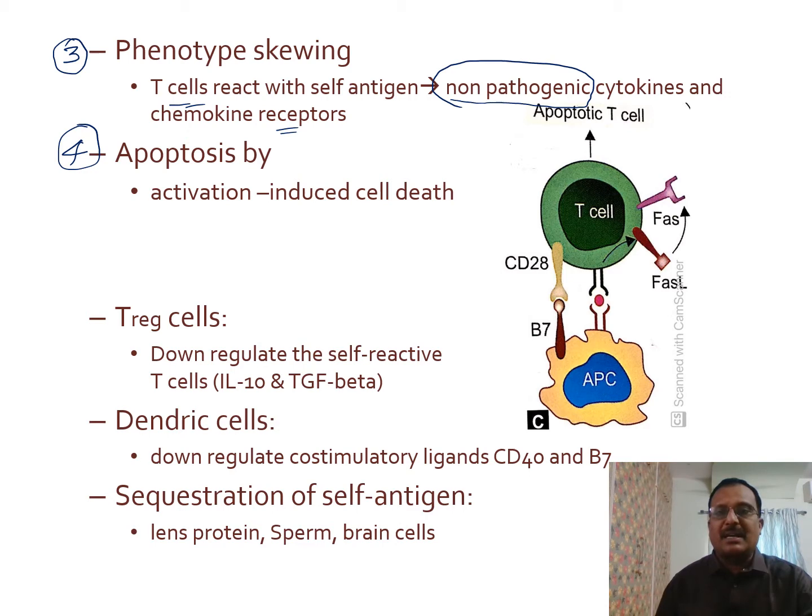Once the antigen is presented through the antigen presenting cell to the T lymphocyte through the TCR, the co-stimulatory factor B7 will react with the CD28 on T lymphocytes, and this reaction will result in the expression of FAS ligand on the T cell surface, which reacts with the FAS receptor on the T lymphocytes.